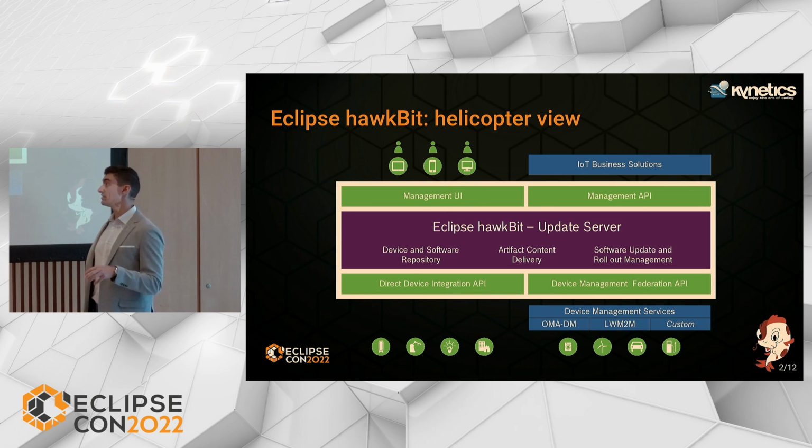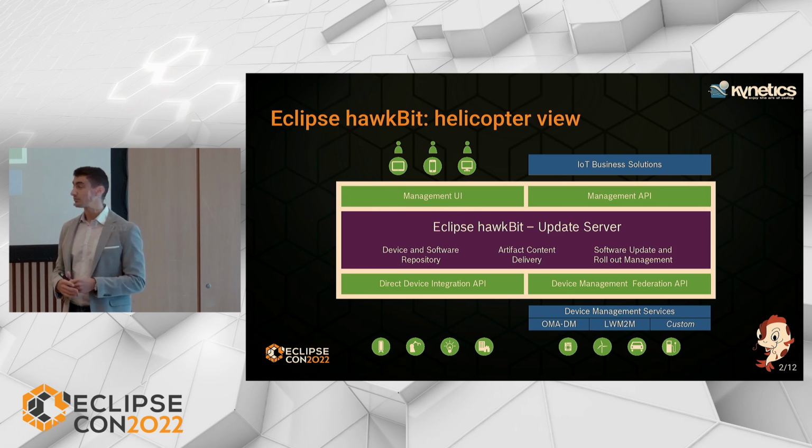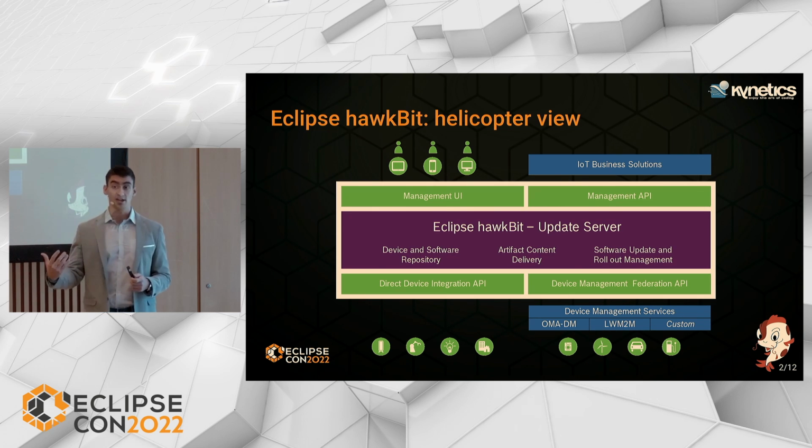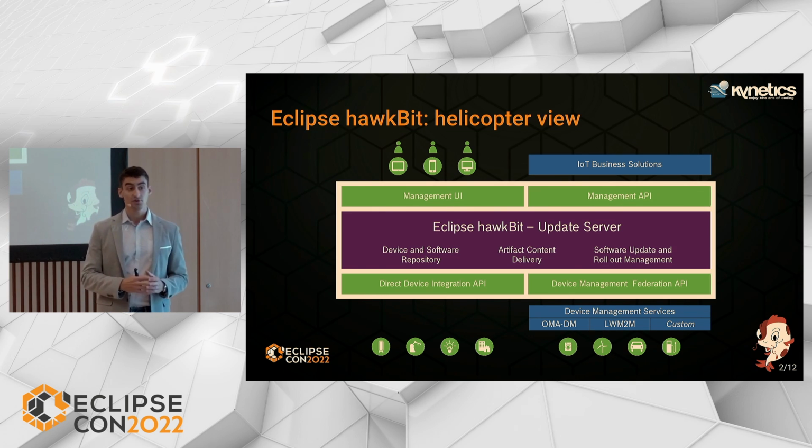For what concerns this presentation and for what matters to Hara, we will be focusing on the DDI API, which is a set of APIs for the devices to interact with the hawkBit server throughout the entire update process.